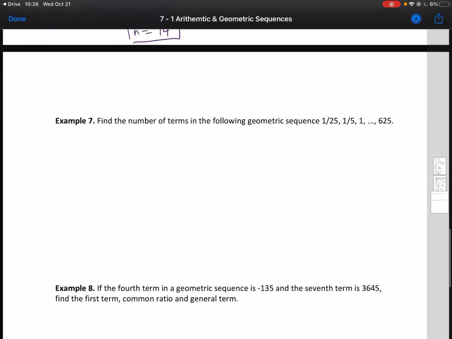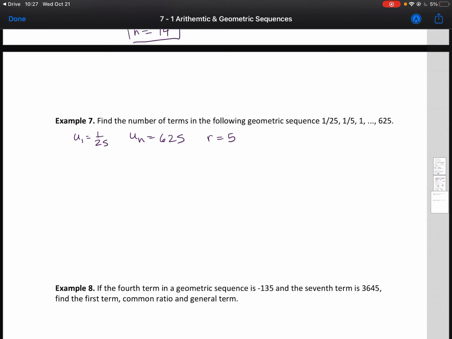Another example here is finding the number of terms in the following geometric sequence. So here I've got my first term is 1 over 25, and I know that my nth term is going to be 625, and I also know that my r value is going to be 5 here.